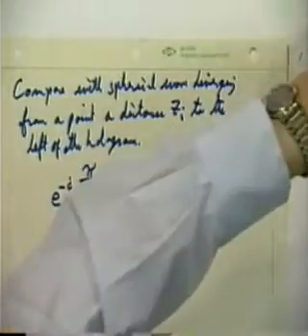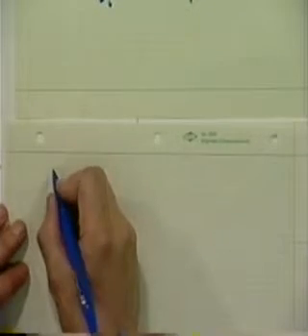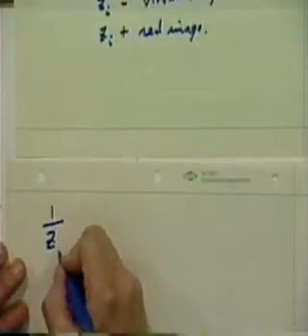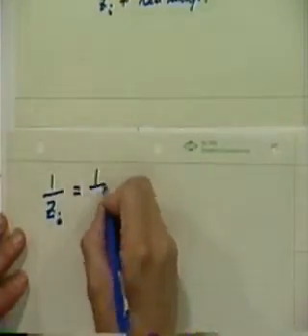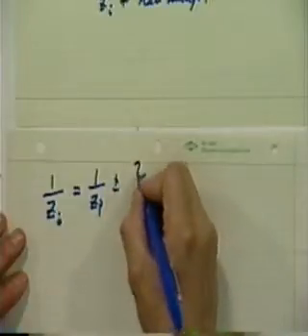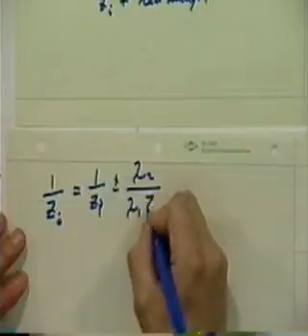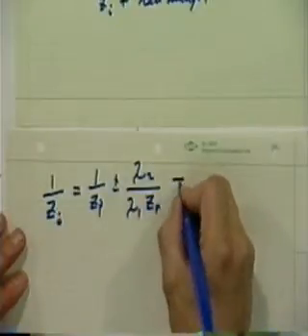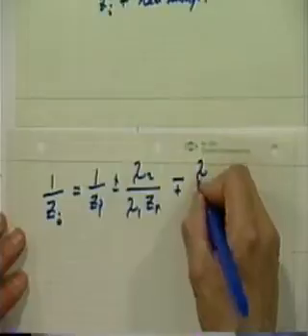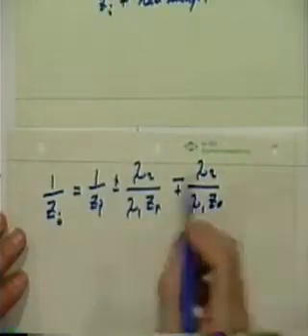And we end up with a result that z sub I is given by, well, 1 over z sub I is 1 over z sub p plus or minus lambda 2 over lambda 1 z sub r minus or plus lambda 2 over lambda 1 z naught.